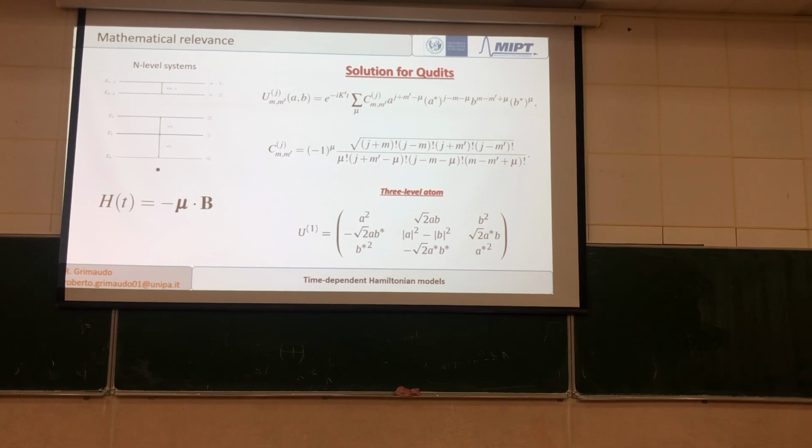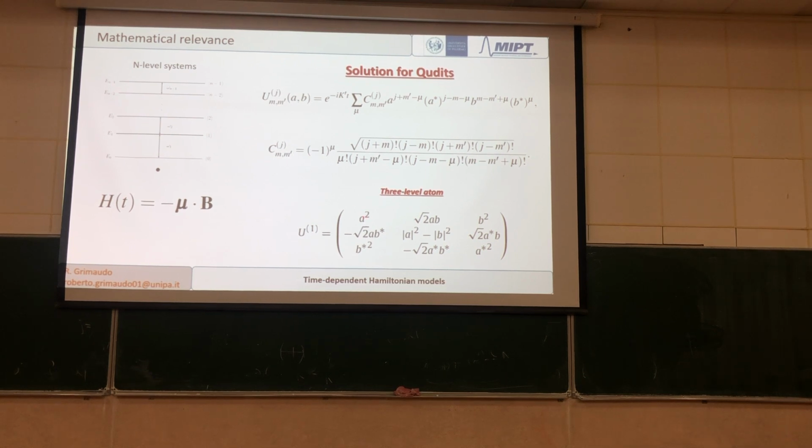The 2 parameters are related to the time evolution operator. Here, you need only 2 parameters in the sense that you can write the evolution operator in terms only of A and B. These are the solution of the 2-level system.